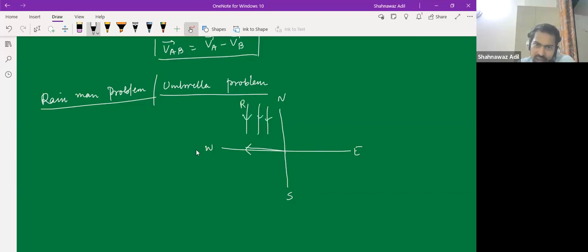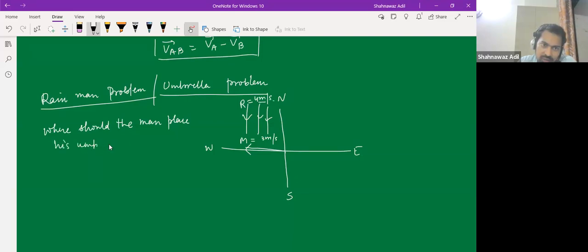This is rain, and man is moving in the west direction. So man is moving with, let's say, 3 meter per second, and the rain is falling at, let's say, 4 meter per second. So the question is: where should the man place his umbrella? Okay, this is the question.